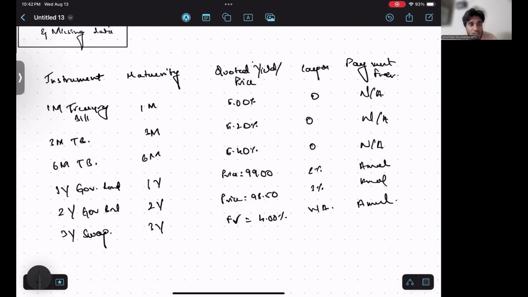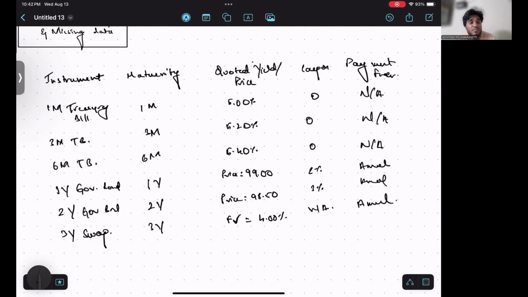The quoted yield for the 1 month treasury bill is 5%, which is also called the zero rate for the 1 month treasury bill. The zero rate for the 3 month treasury bill is 5.20%. The zero rate for the 6 month treasury bill is 5.40%. The price for the 1 year government bond is 99 rupees, and the price for the 2 year government bond is 98.50 rupees.